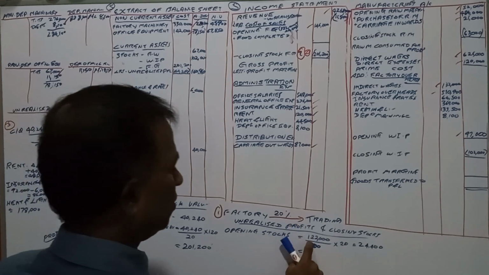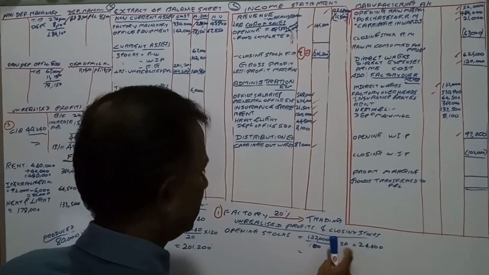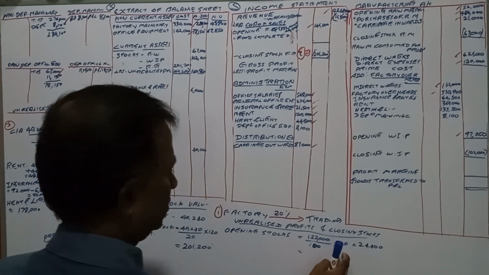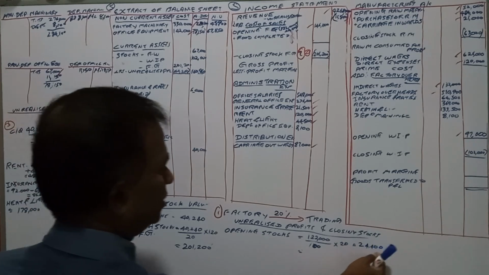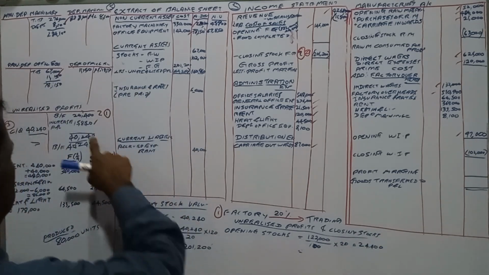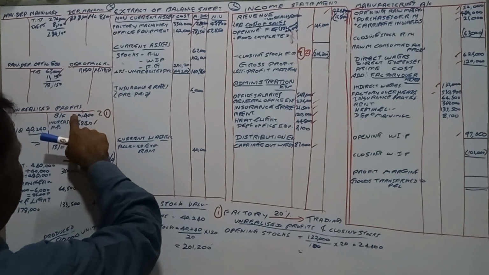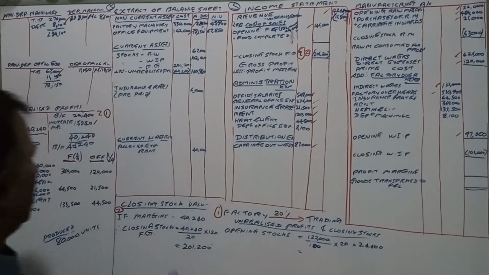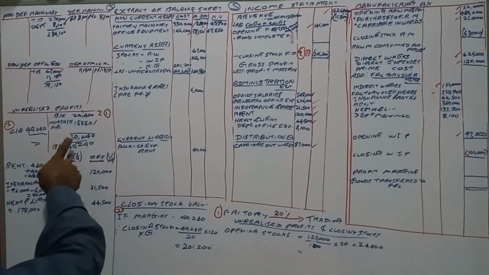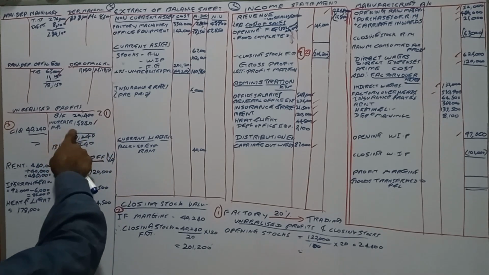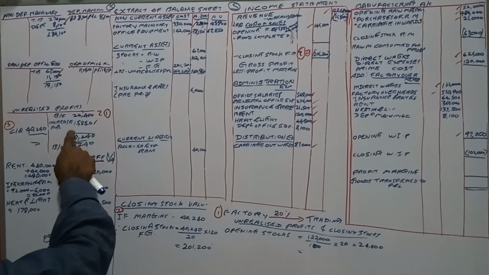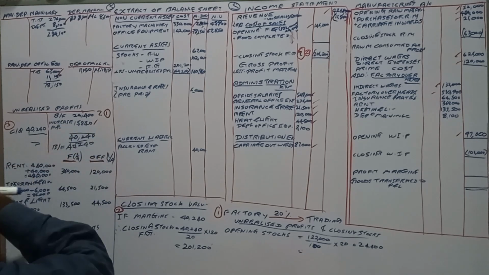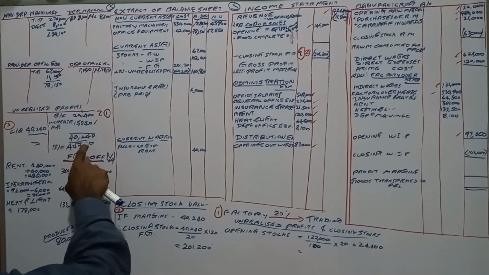If it is at cost, that is 100%, we calculate 20% on that for the margin. Margin is 24,400, so unrealized profit brought forward is 24,400, and adding the increase of 15,840, it comes to 40,240.